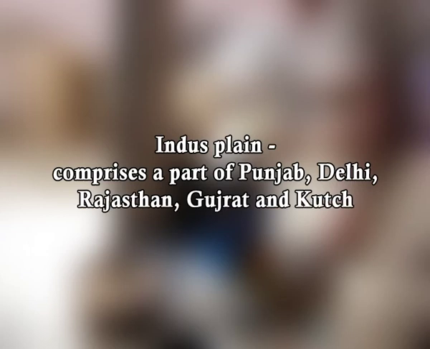Number 3, Indus Plains. This region comprises of a part of Punjab, Delhi, Rajasthan, Gujarat and Kutch. The climate is characterized by very dry and hot summers alternating with dry and cold winters. The annual rainfall is generally less than 70 centimeters and may be 10 to 15 centimeters in some areas.